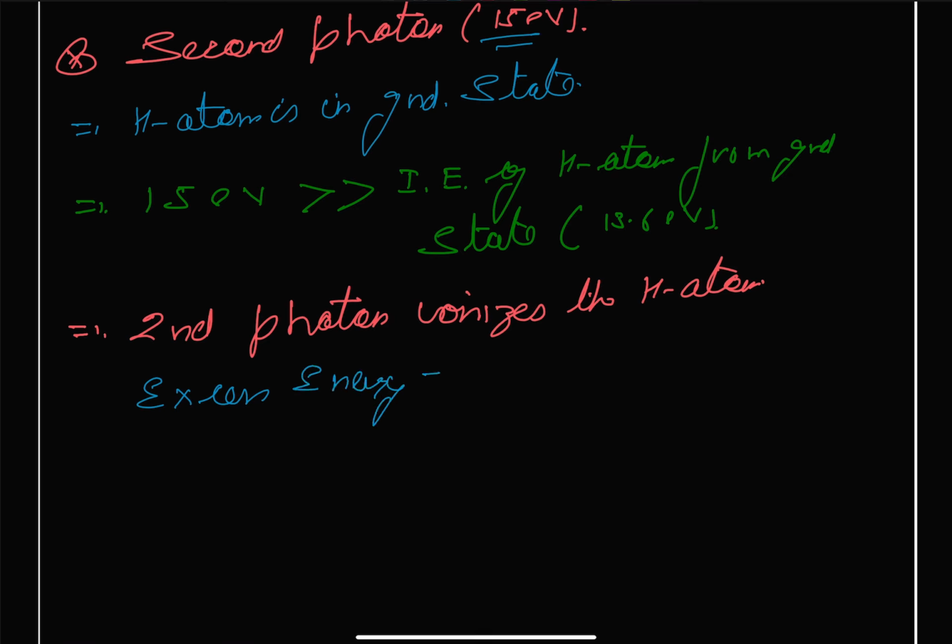And that excess energy is 15 minus 13.6, which comes as 1.4 electron volt. And this excess energy goes into the kinetic energy of the ejected electron.